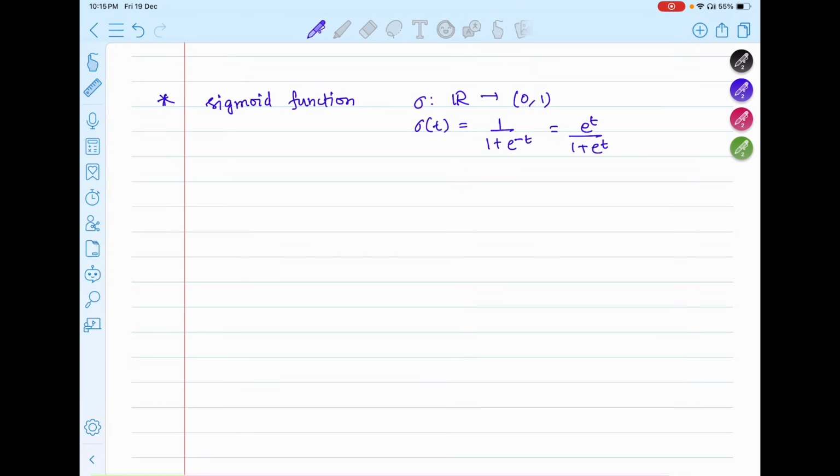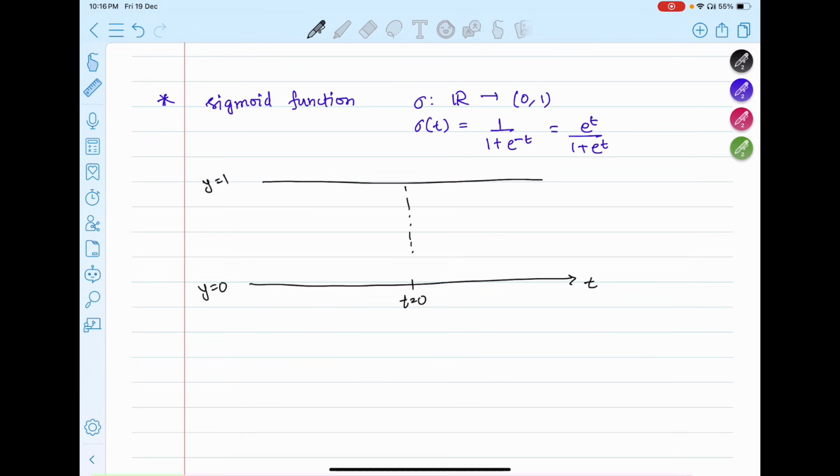How does the function look? Let us say this is my y = 0, this is my y = 1, and the x-axis is t, with this being t = 0. The curve somewhat looks like this, the sigmoid function curve.